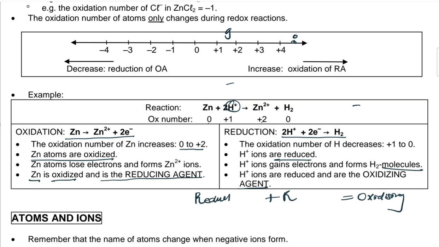So reduction, reduced. So oxidizing agent. Let's look at the oxidizing agent. Reduction is the decrease in terms of oxidation number, from positive 1 to 0.